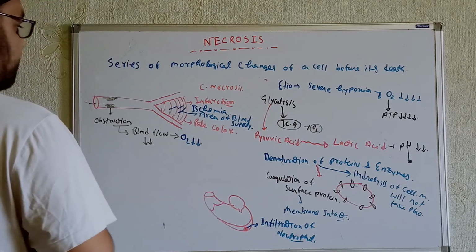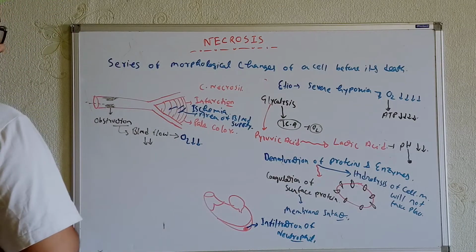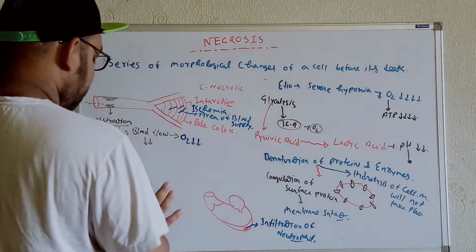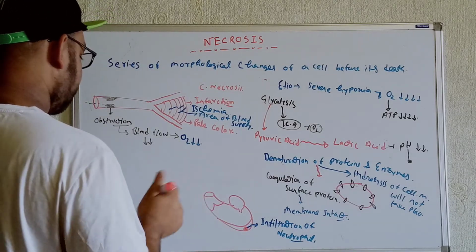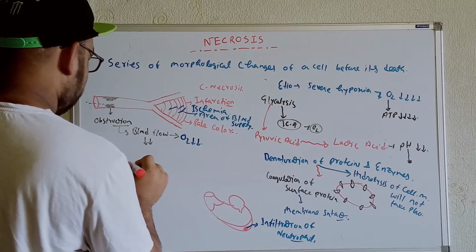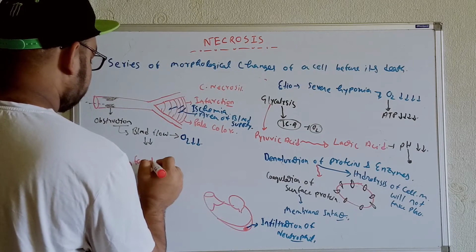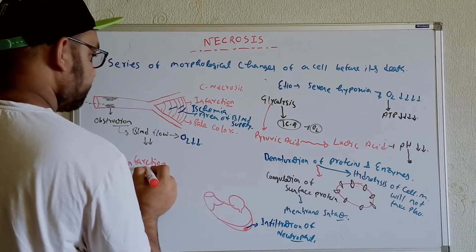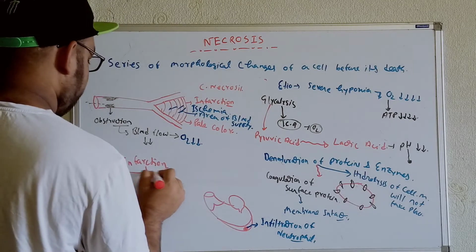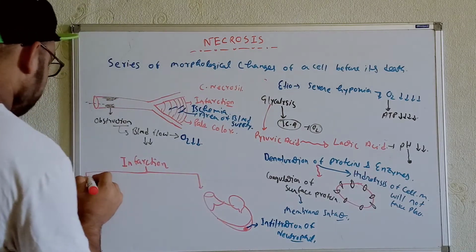Now, as far as the infarction is concerned, we can classify infarctions into two types: red infarction or white infarction. Red means the more severe cases, and white the less severe cases. So let's talk here about the infarctions. Now see, we can see red infarctions and white infarctions.